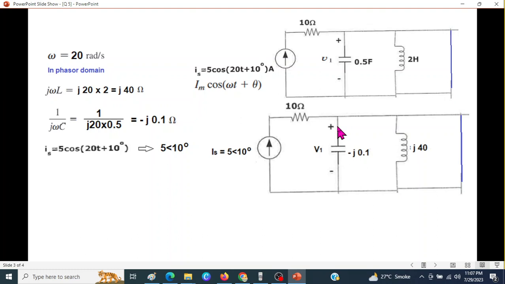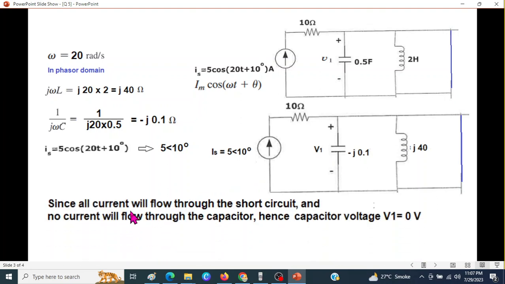And since there is no current flowing, the capacitor will not be charged, so the voltage across the capacitor will be 0 volt. So the capacitor voltage V1 is 0 volt. So that is the first part.